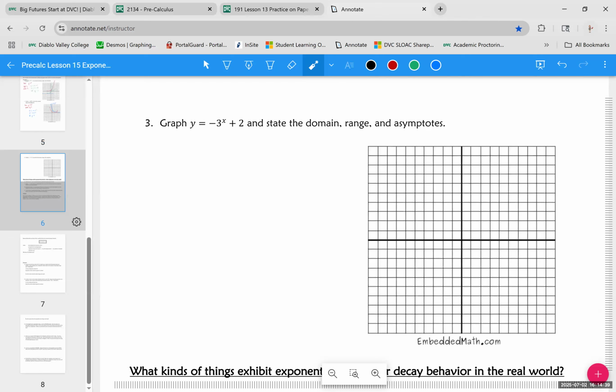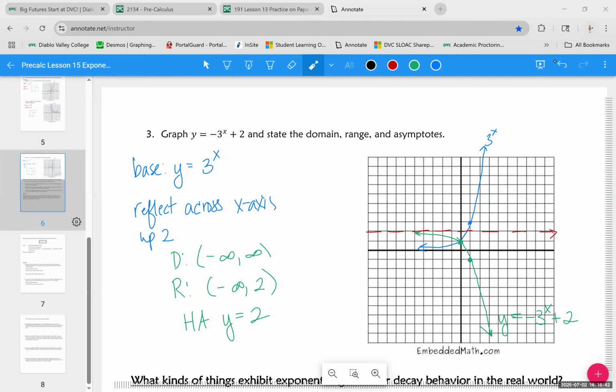All right, there's one more on the next page, so once again, pause and give it a try. All right, let's take a look. So now my base graph is just 3 to the x, which I have drawn in here. Since the base is bigger than 1, it's going to have that growth curve. Always my intercept at 0, 1 for the base graph, and then 3, 1 is another easy point to plug in.